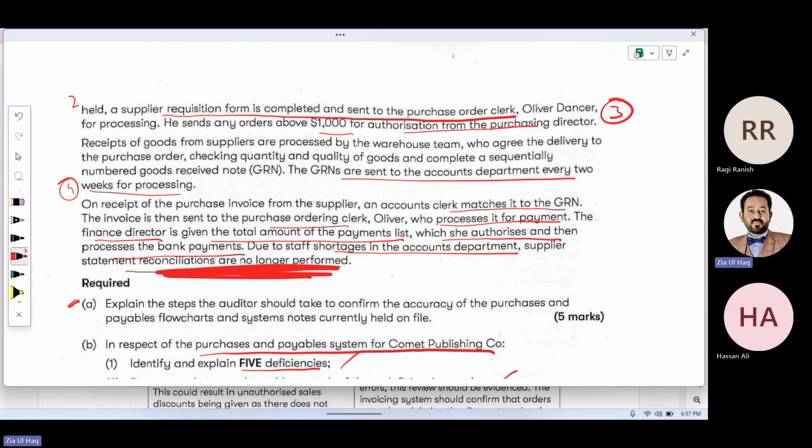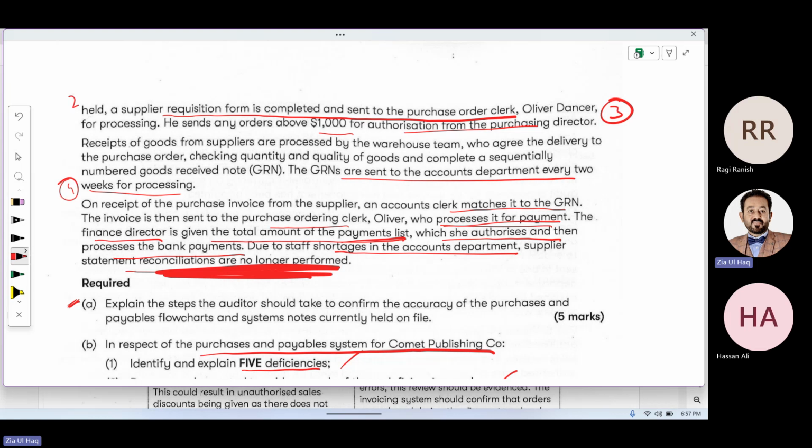No. The finance director is not having the invoice copy. Where is the invoice copy? With the clerk. The finance director is just authorizing the payments through a payment list. He is not authorizing by checking the supporting document.